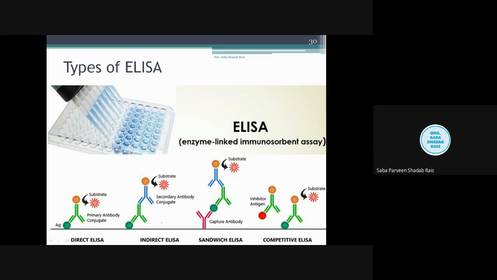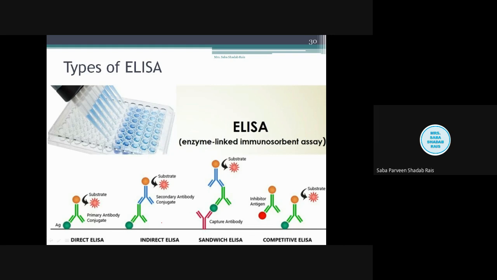These secondary antibodies are conjugated with the enzyme, and they are going to bind with the primary antibodies, and now the signal strength is going to be more. So this was the idea of indirect ELISA.